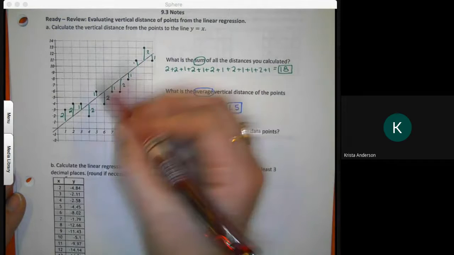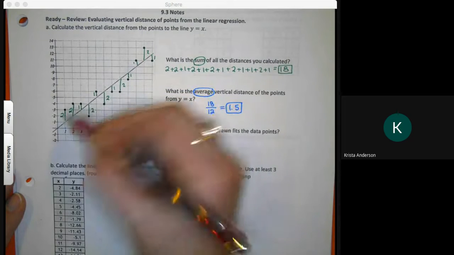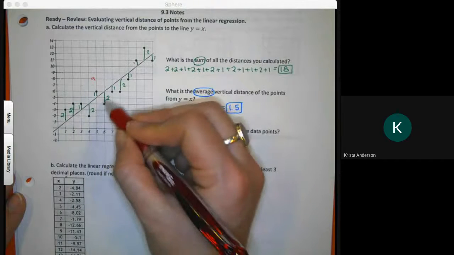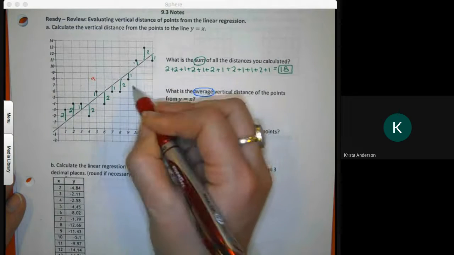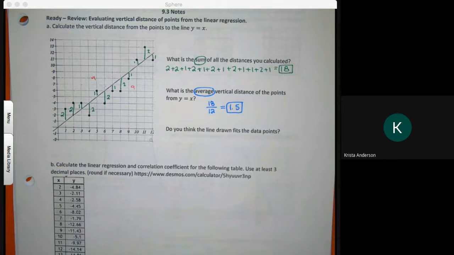2, 3, 4, 5, 6, 7, 8, 9. 1, 2, 3, 4, 5, 6, 7, 8, 9. There's 9 on the top, 9 on the bottom. Personally, I would say that it's balanced because there's equal distance, vertical distance on both sides. But you could disagree.